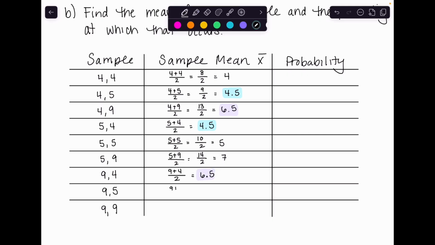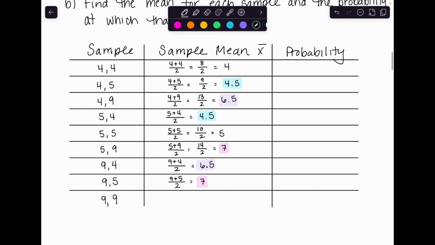And same thing, 9 plus 5 is the same as 5 plus 9, so this 7 is going to repeat. The only new number comes from this final one, 9 plus 9 over 2, or 18 over 2. When you add the same number and divide by 2, it is the same number, 9.